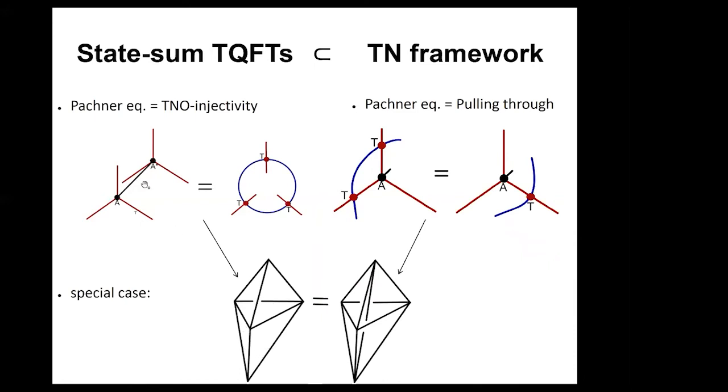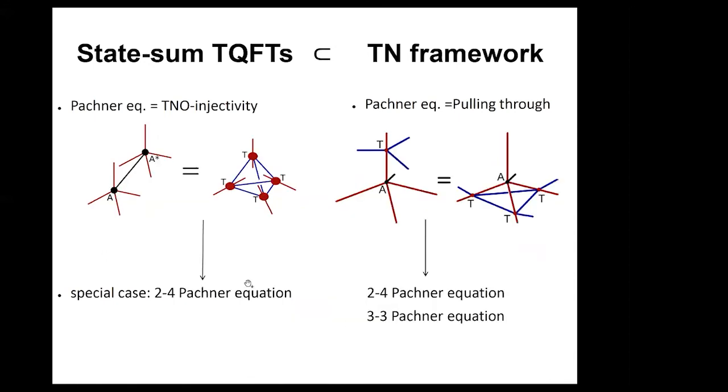And in this 2+1D case, this equation and this equation is nothing but a 2 to 3 Pachner equation. As I said, this generalizes to higher dimensions, and in one higher dimension, in 3+1 dimensions, this equation is the 2 to 4 Pachner equation.